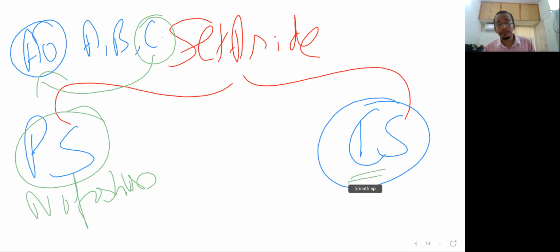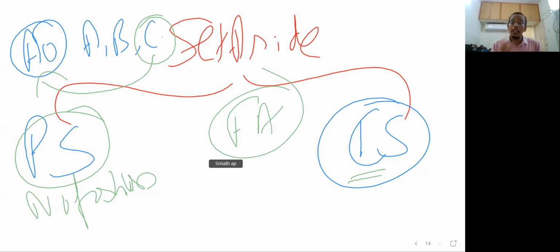Complete set aside means ITAT remands the case to the assessing officer for a fresh assessment. Again, in the assessment order there are 3 disallowances, A, B, and C. ITAT is not happy, so it orders a fresh assessment, because the assessment was completed in haste.